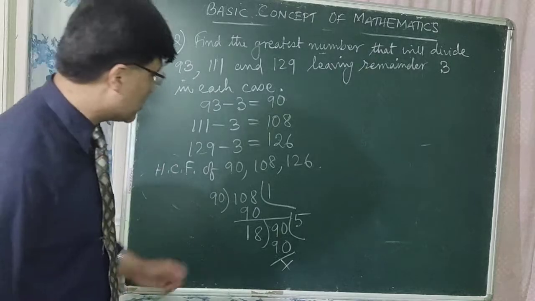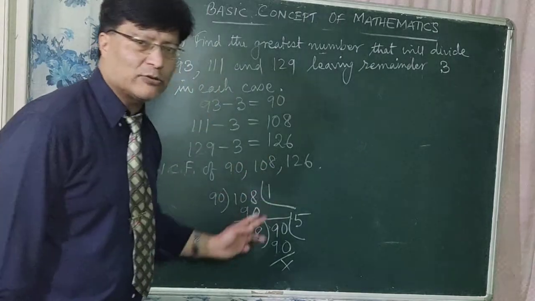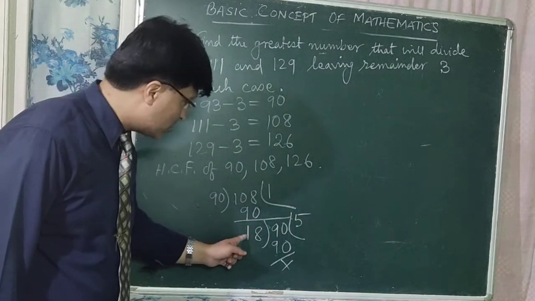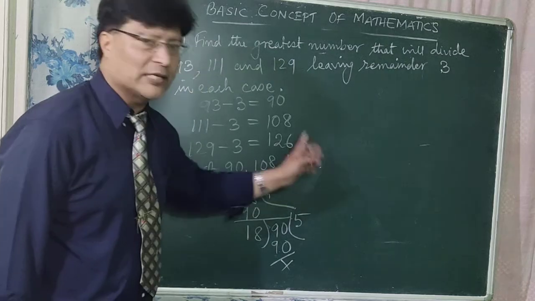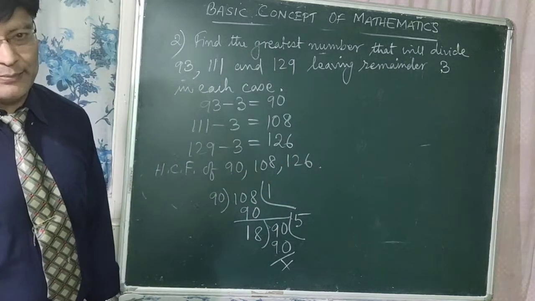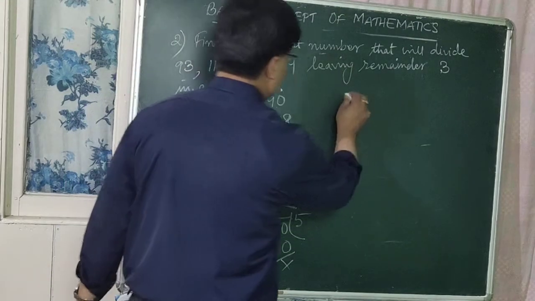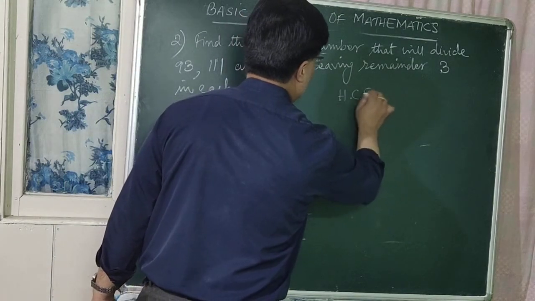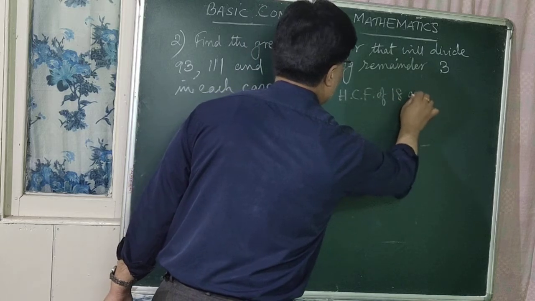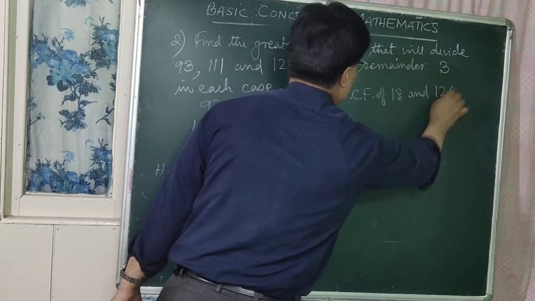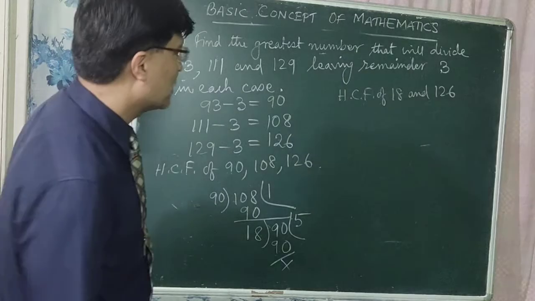Now what should we do again? We take the HCF of 90 and 108, which is 18, and find the HCF of this 18 and 126. Now find out the HCF of 18 and 126, right? So let us find it.